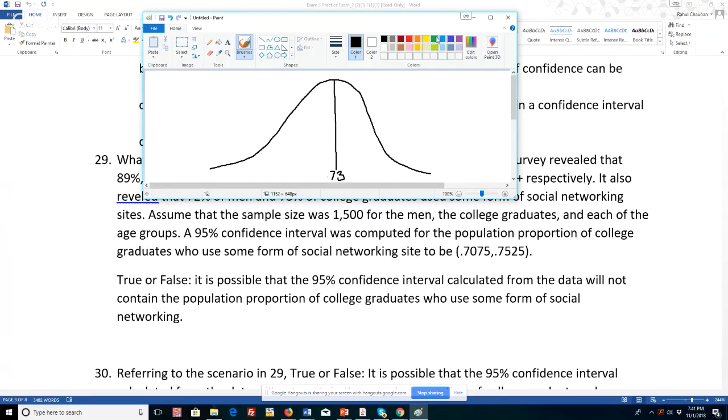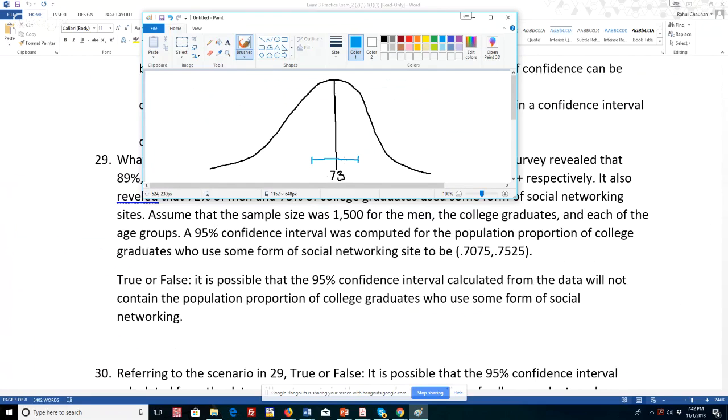So we take a sample and we get a point estimate, and from that point estimate, we have a confidence interval. So in this case, from our one sample, we have from 0.70 to 0.75, something like that.